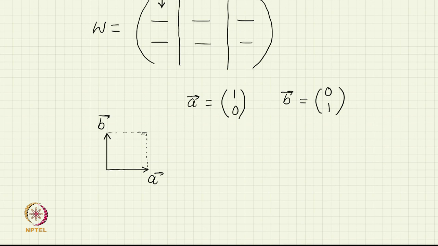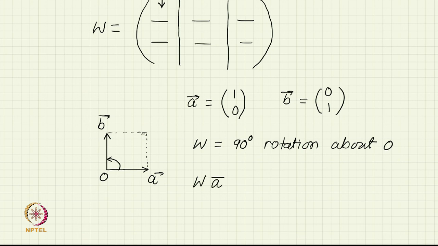Suppose I want to represent W as a 90-degree rotation about the origin O. So, what is W A?